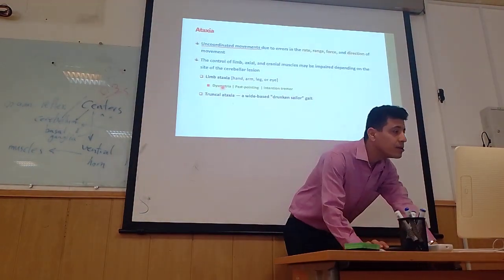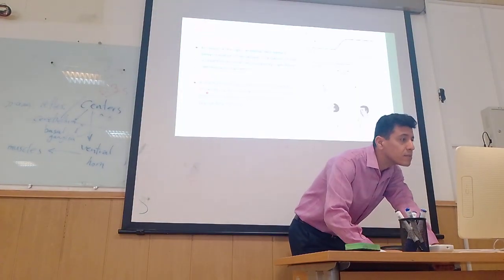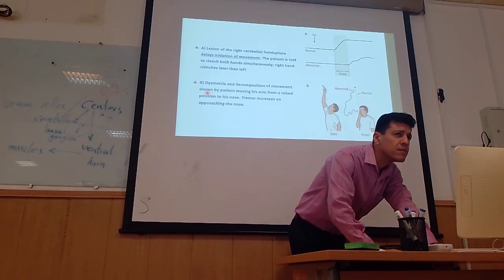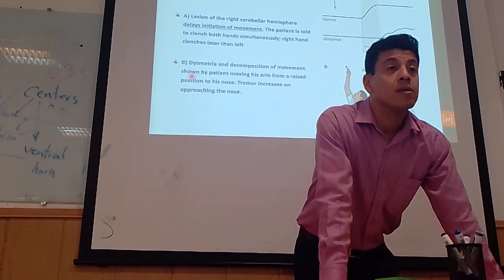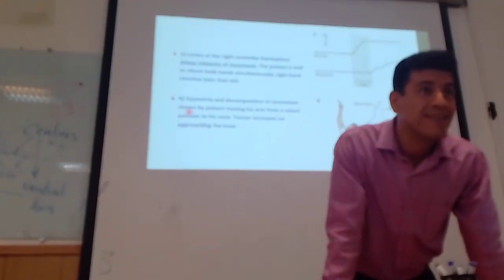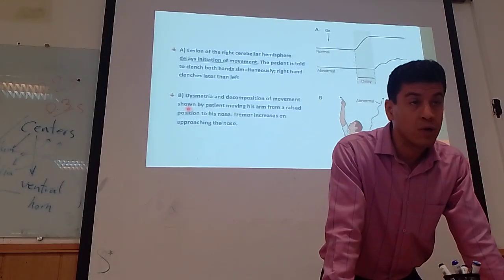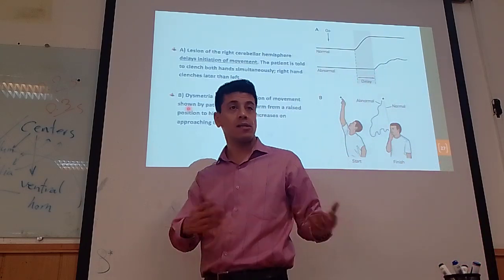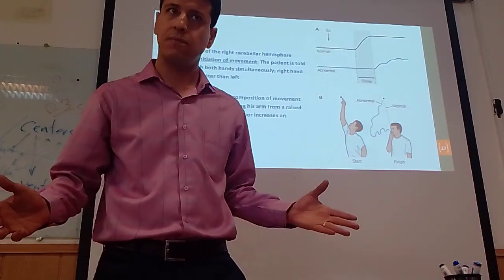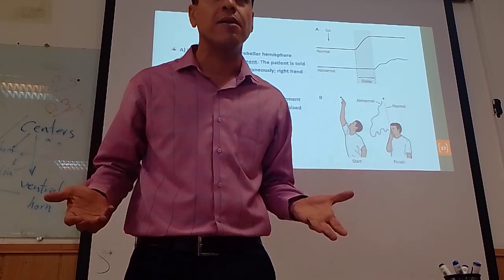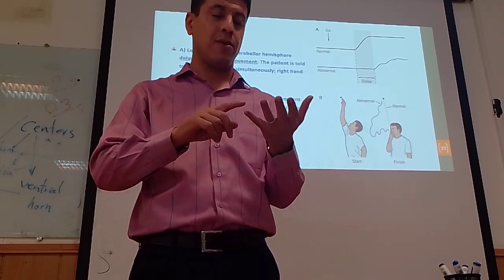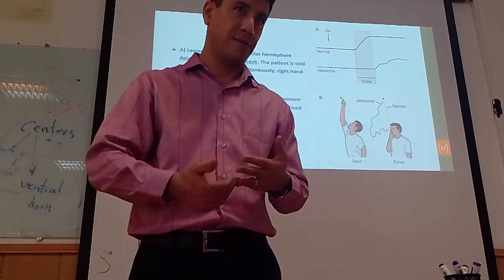So can we say that in athletes, the cerebellum is more developed? Yes, in sports. When you learn something, any motor movement, your cerebellum actually gets better and better, so they have better functions.